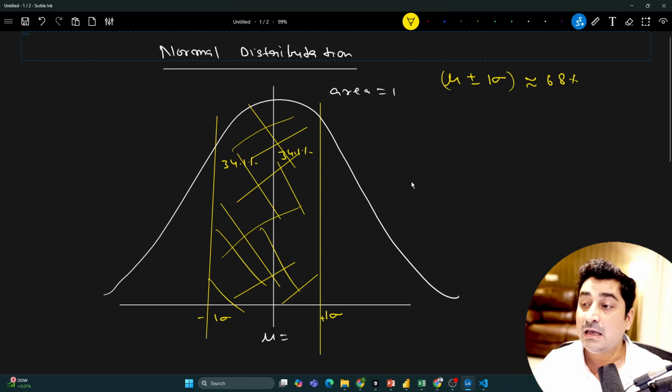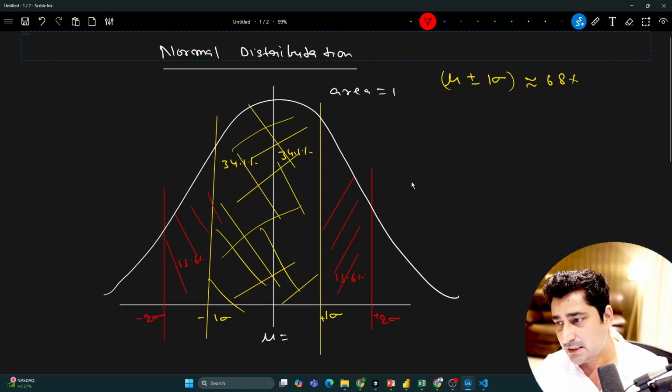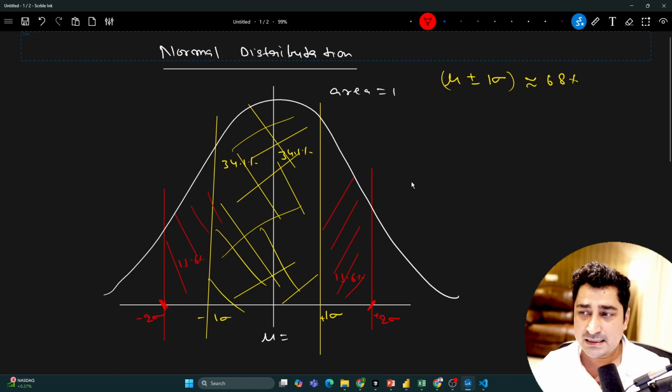Then additionally, within two standard deviations on both sides, negative two standard deviations and positive two standard deviations, it is additionally holding 13.6% of the data on each side. This red region is holding 13.6% additional data, and 13.6% additional data on the other side. So from here to here, how much data is it holding? 13.6 plus 68% of the data.